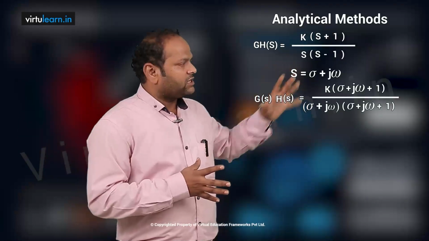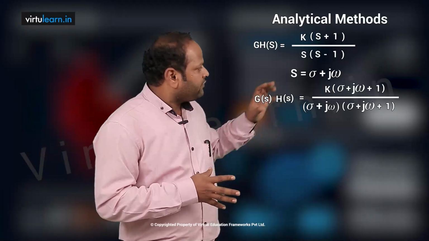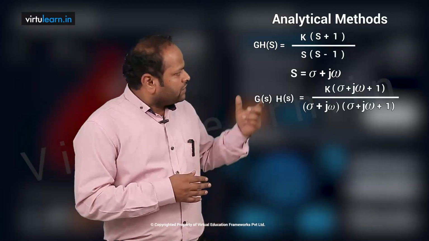Let us write the phase angle expression for this particular GH of s where we are substituting sigma plus j omega in place of s. We know how to write the phase angle, tan inverse of imaginary part by real part. So angle of GH of s is equal to, in the numerator we have s plus 1, that is sigma plus j omega plus 1. So what will be the equivalent phase angle?